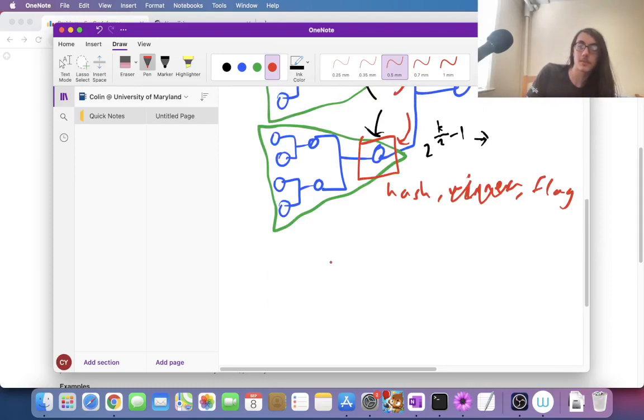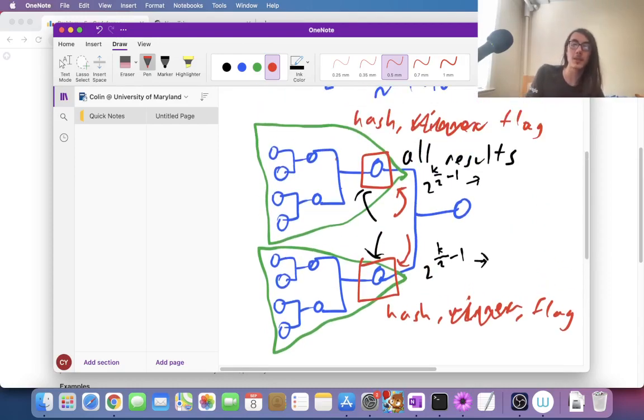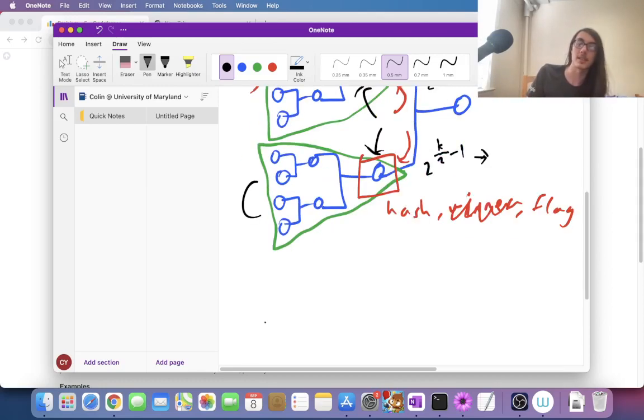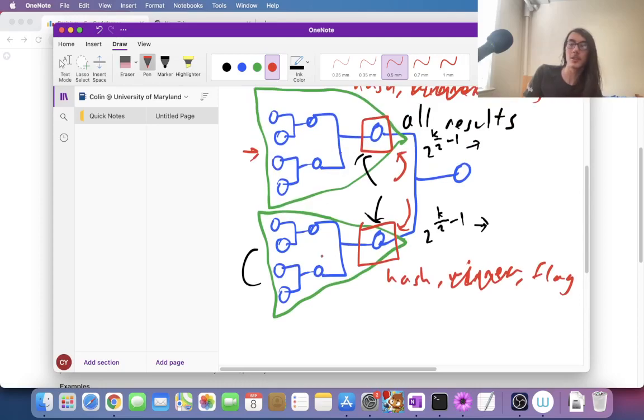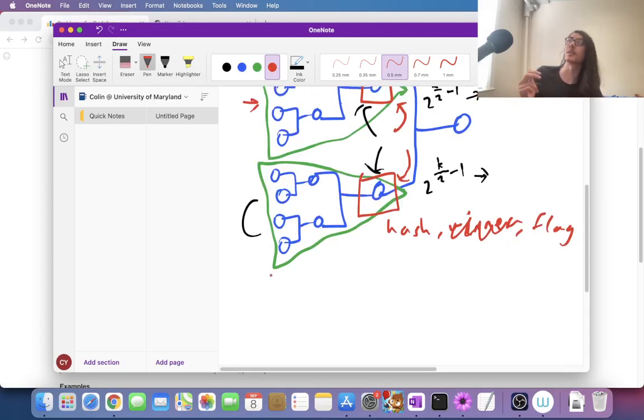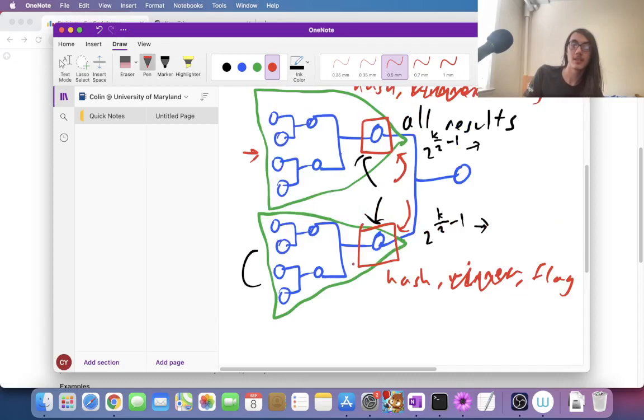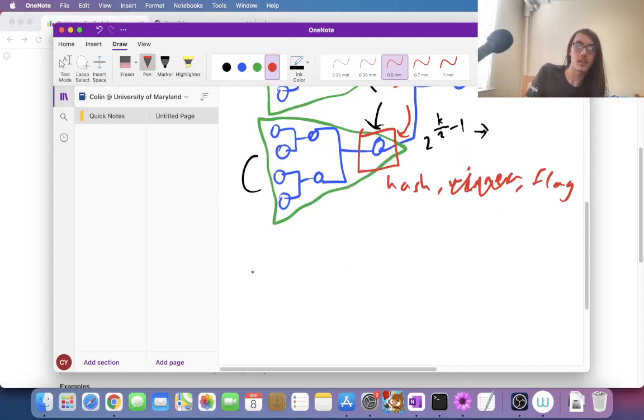The way we do it is we iterate over the numbers from the first group, and then we find out the exact number we would need from the second group to get the desired sum, and then we see if that number exists in the second group. And if it does, then that's our answer. So we're iterating over the first group. We just need to find the number that would work for us, and then we see if that exists. So for example, let's say you know x, and you want x plus y mod m is equal to z.